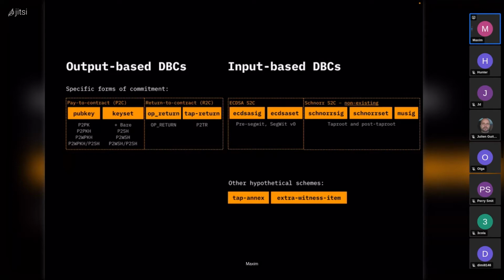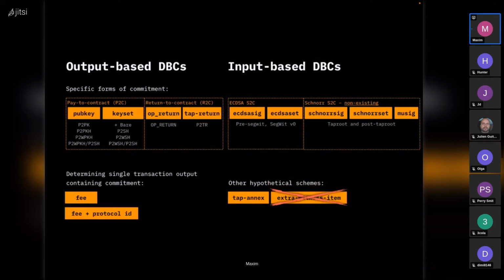Or we can just add stack items to the witness which are not used by the validating scripts, but that's also a very bad idea because, first of all, it consumes on-chain space, and secondly, it may non-deterministically interact with the script logic itself. So we probably should not think about this way of doing things.